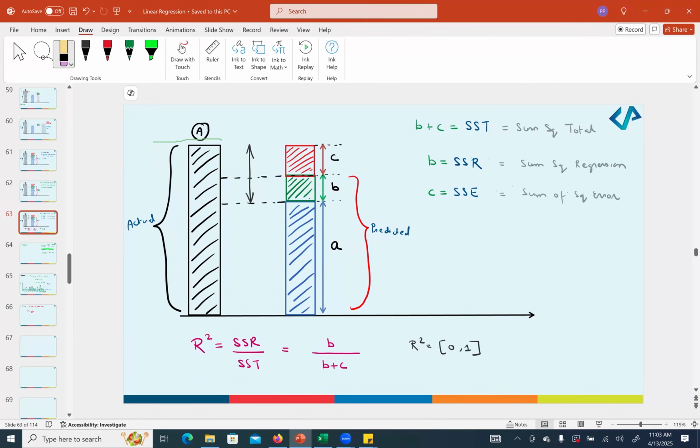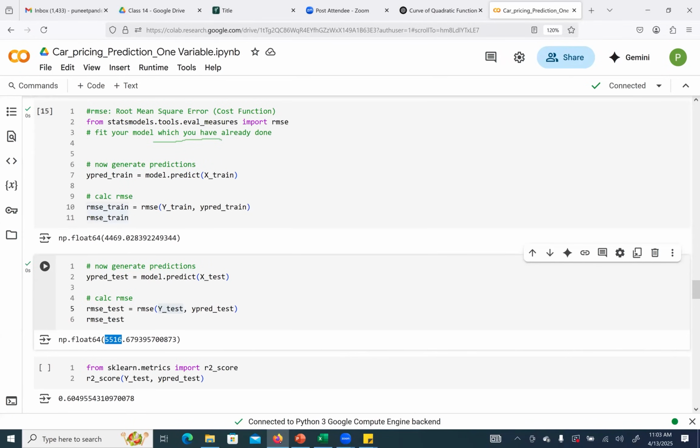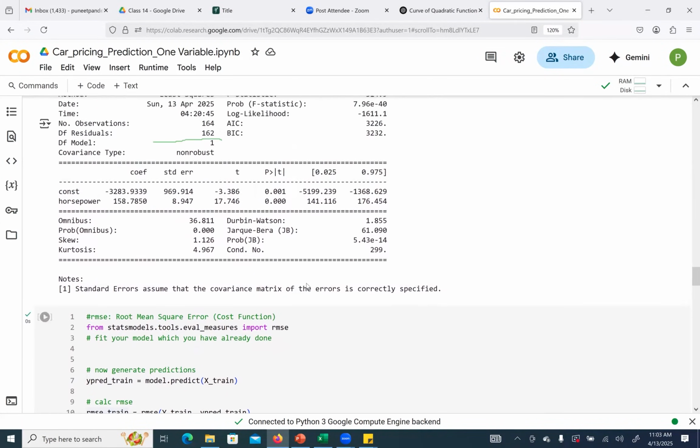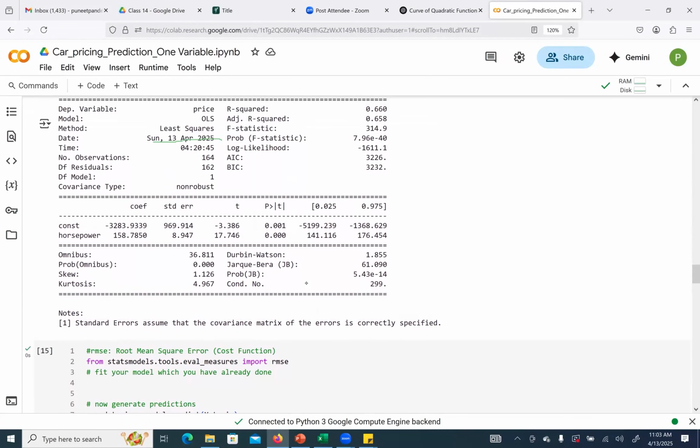Okay, now if you go back here, the R square is 66%. What is the meaning of this? It means that of all the variation that existed on top of average, I am being able to explain 66% of it, right?